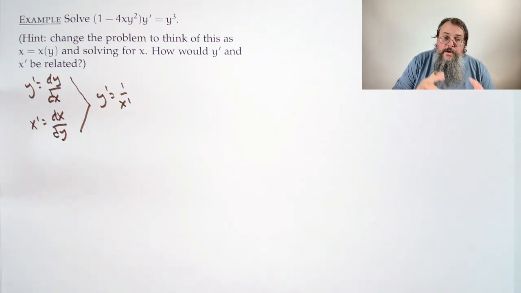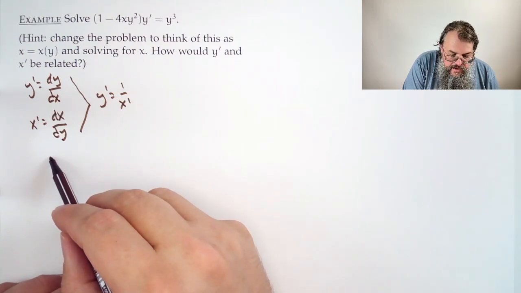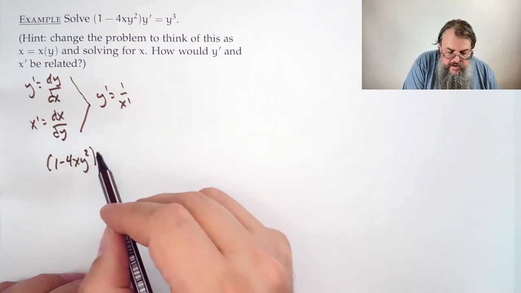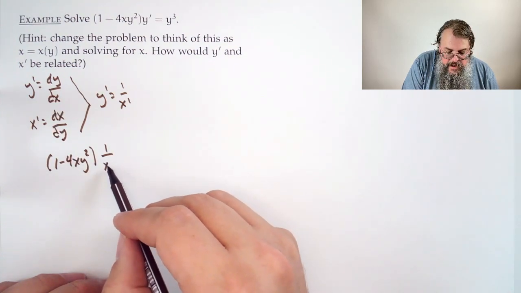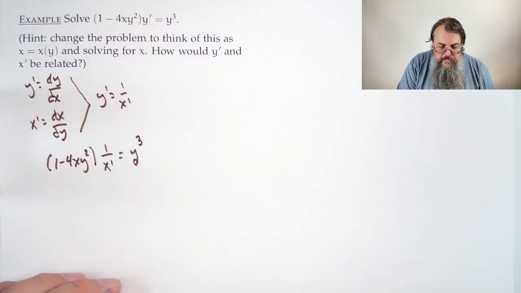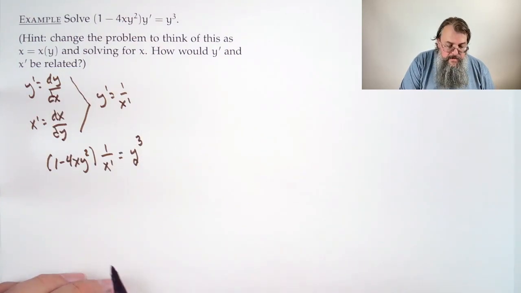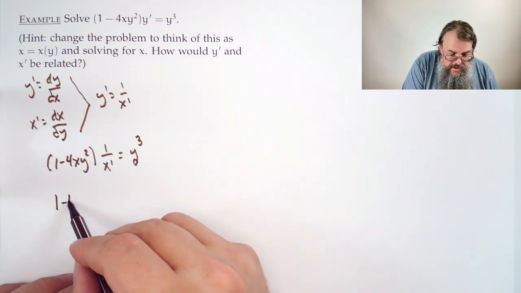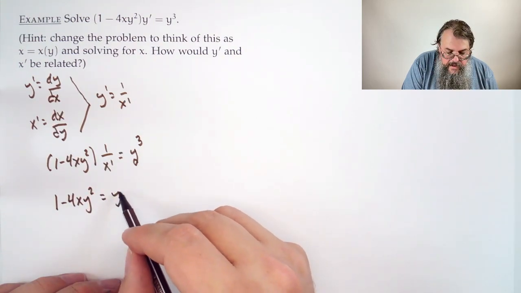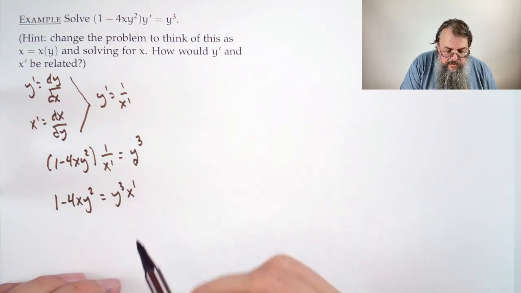And so we make this little small change. We say, all right, this is (1 minus 4xy squared) times 1 over x prime. That'll equal y cubed. And we'll move the x prime across. 1 minus 4xy squared is equal to y cubed x prime.